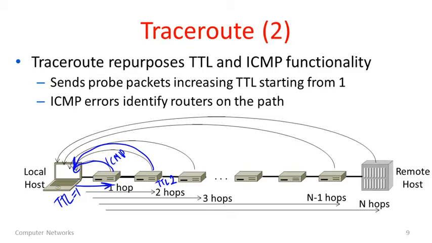Then a TTL of 3 will produce an ICMP error from the third router out, and so forth. And you can see that this is essentially how traceroute performs its magic. By repurposing this functionality that was there for other mechanisms, by reusing it in a very clever way, we have one of the most important error debugging facilities in the internet.